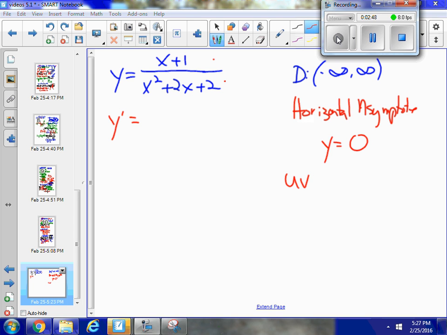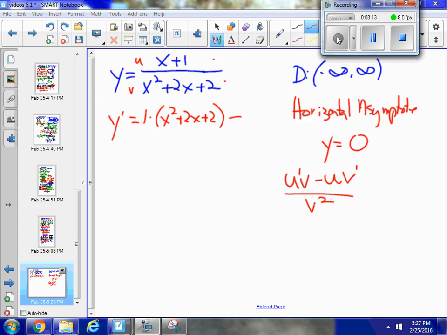So v u prime minus u v prime over v squared. So for the derivative, this is my u, this is my v. The derivative of x plus 1 is 1, and I'm multiplying that times x squared plus 2x plus 2.